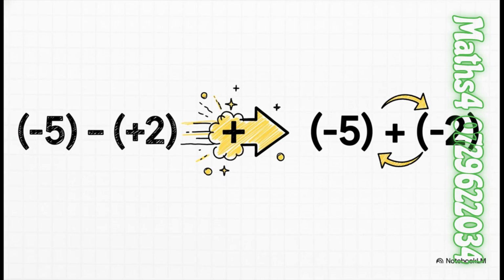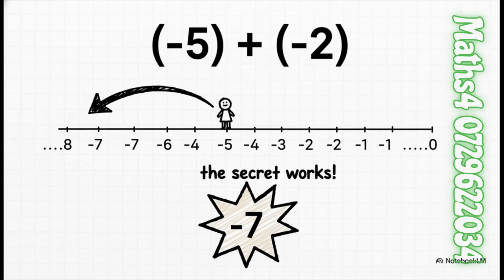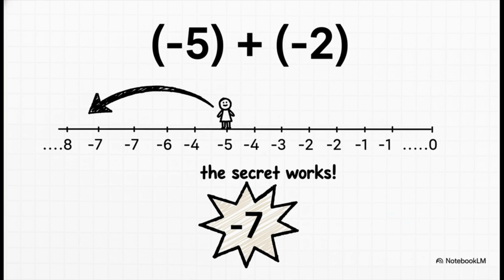So +2 becomes -2. And just like that, we don't even have a subtraction problem anymore. Look at that. We've turned that confusing mess into a simple addition problem that we already know exactly how to solve. We're at -5 on our number line, and we just add -2, which means we move 2 steps to the left, and we land on -7. This secret works. It's that easy.